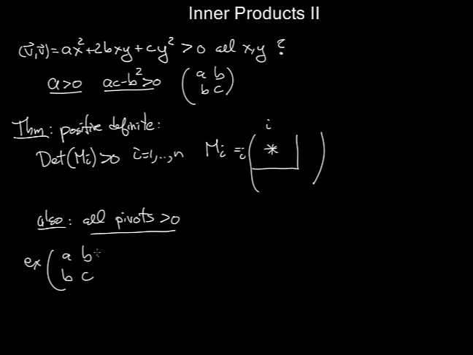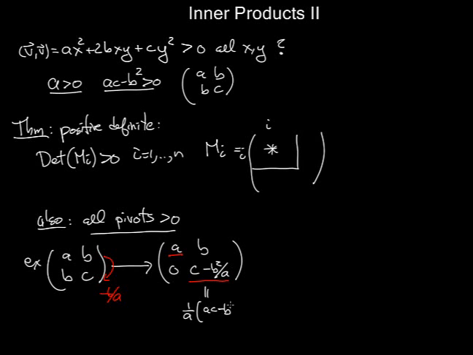And in this example, you see that the pivots of this matrix are, well, let's see, you have A, B. And then in order to kill this B in the lower left-hand corner, you have to use this multiple of the first row. And what you get down here is C minus B squared over A. And indeed, the pivots are A and this thing. And if you multiply this by 1 over A, you see that the condition is that AC minus B squared has to be greater than 0.